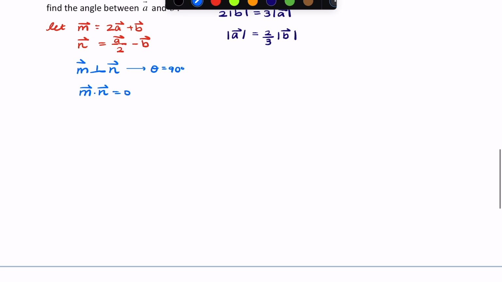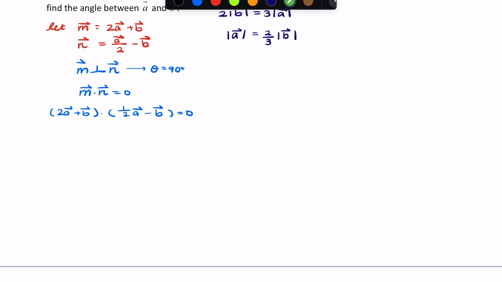So based on that, we can sub back our M and N. So for M, we have 2 times vector A plus vector B, times N, which is 1 over 2 vector A minus vector B, is equal to 0. And here we're going to distribute.